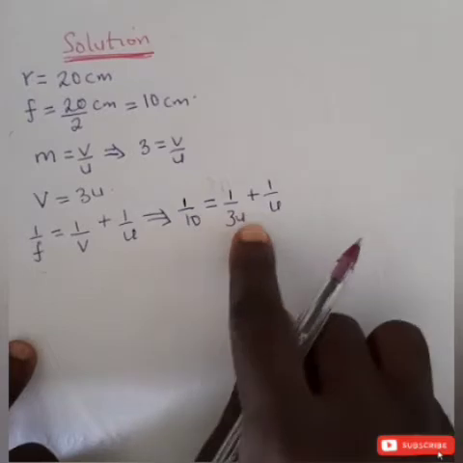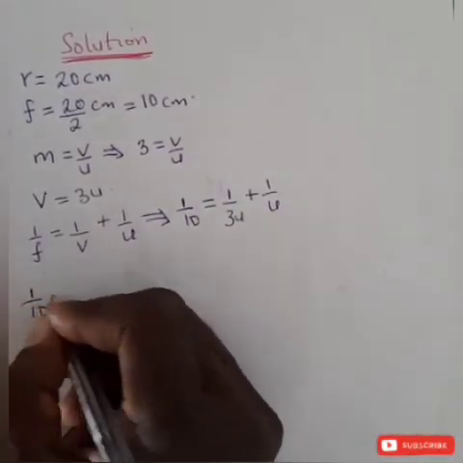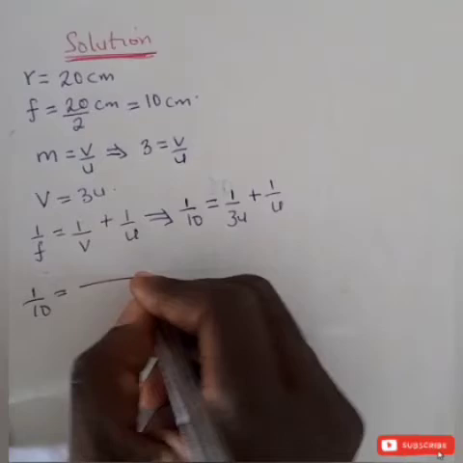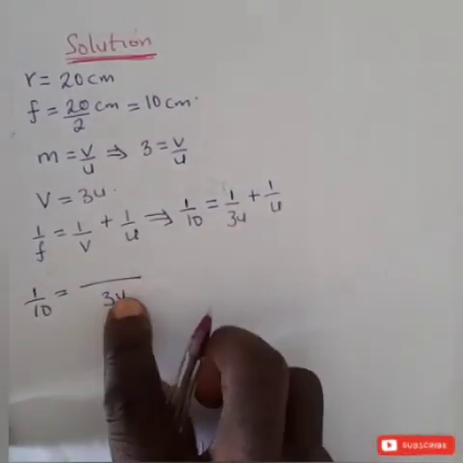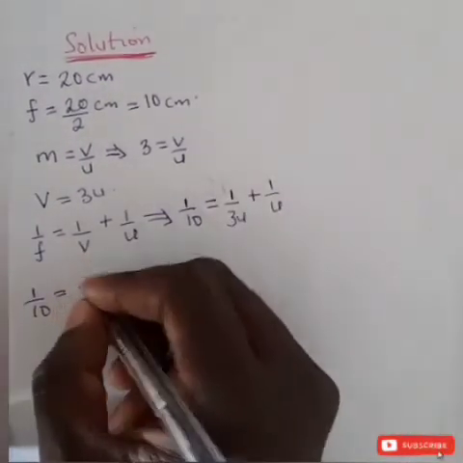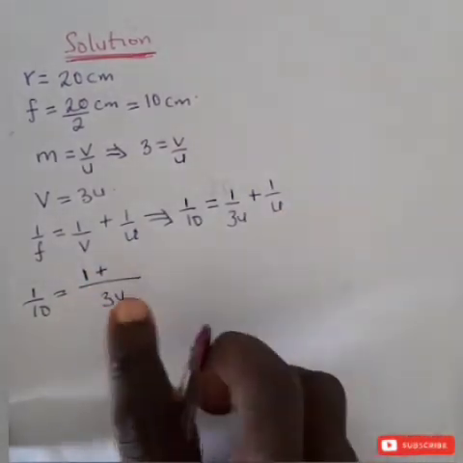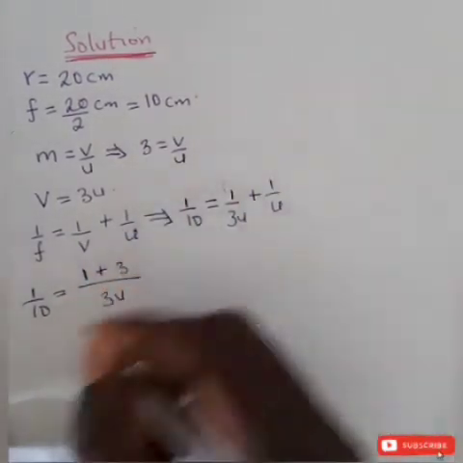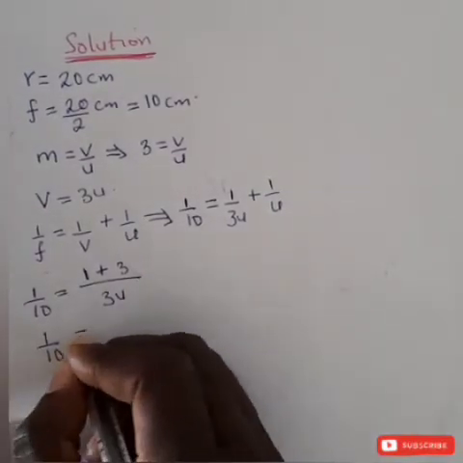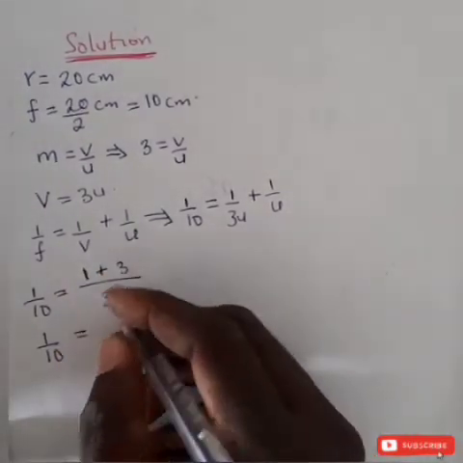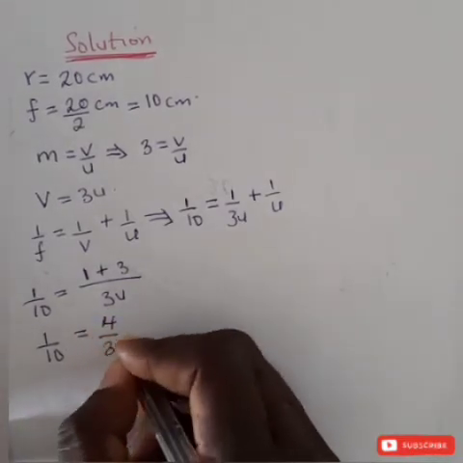From here, I'll take the LCM of 3U and U, and the LCM of 3U and U is 3U. So I have 3U. So 3U divided by 3U is 1 times 1. I have 1 plus 3U divided by U is 3 times 1. I have 3. So I have 1 over 10 is equal to 1 plus 3. That's 4 divided by 3U.